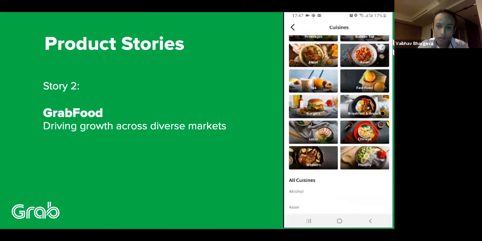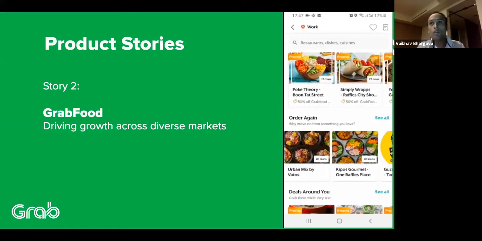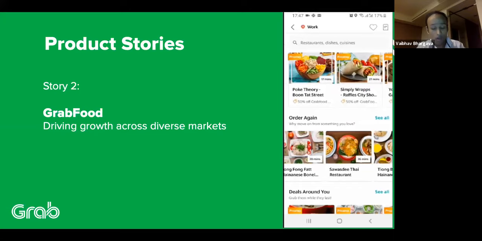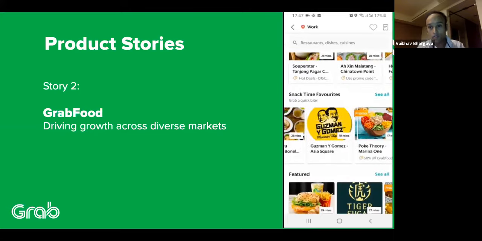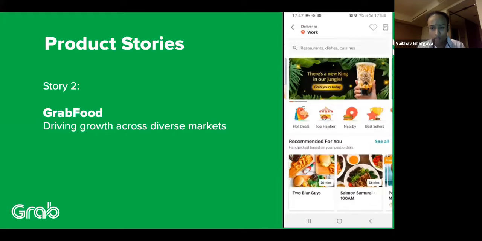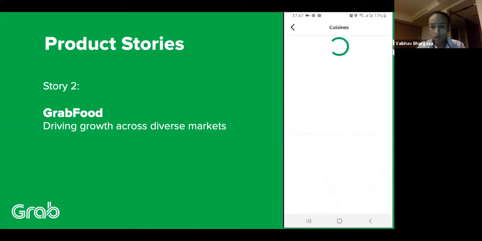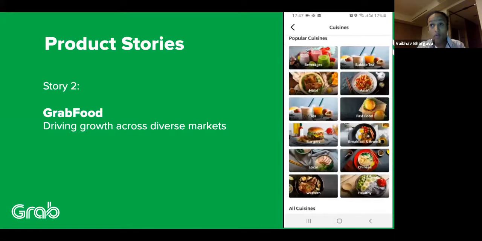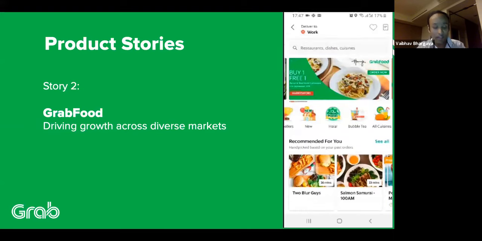So just a bit of context. I used to lead the search and discovery function of GrabFood. I'm no longer with the GrabFood team. So in any kind of e-commerce, search and discovery is typically focused on getting people to buy the moment they come on the app, right?